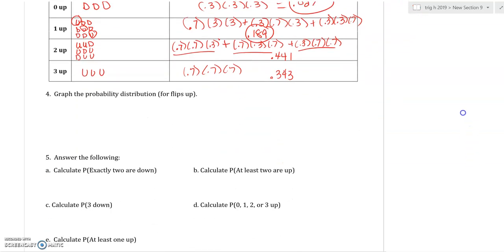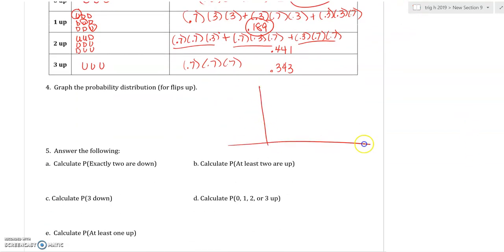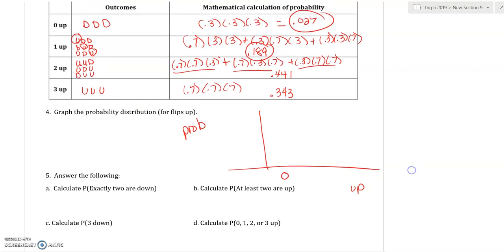So let's do a probability distribution for that. So here we go. So this is probability, and this is up. So let's see, if I had 0 ups, that would be down, down, down, and we said that was 0.027. So that's right about here. If I had 1 up was 0.189.